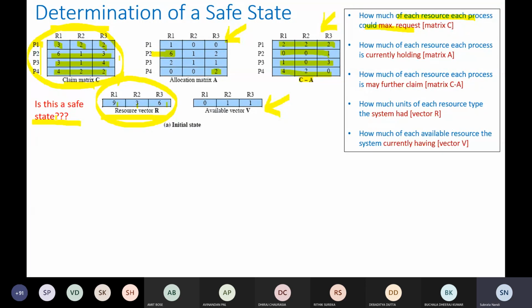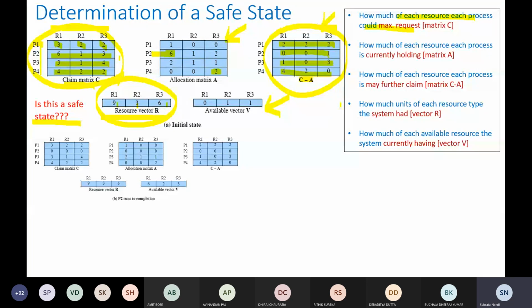So the safety will be judged based on this C minus A. If the C minus A, whatever is pending, is requested all at once from all the other processes, will the system be able to resolve the requests in some form, so that eventually P1, P2, P3, P4, in some order, will be completing their tasks after getting the allocations?